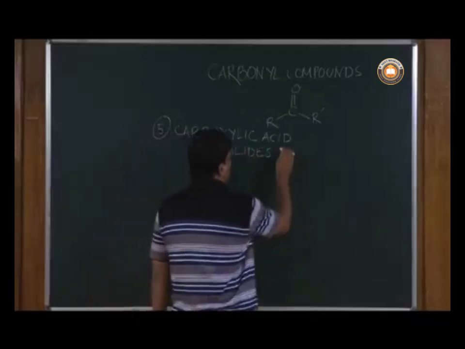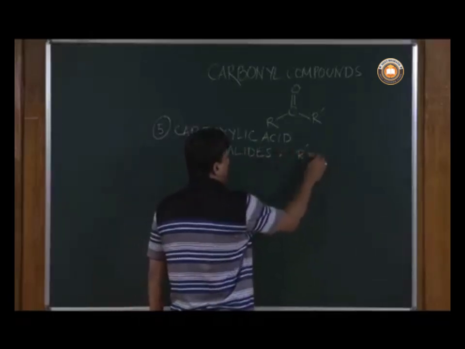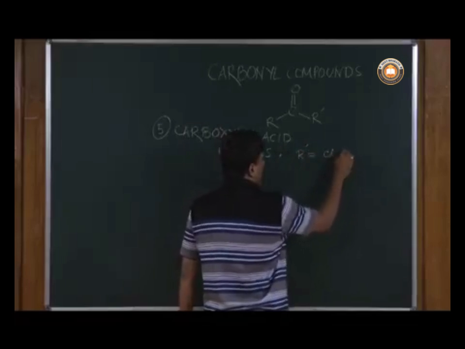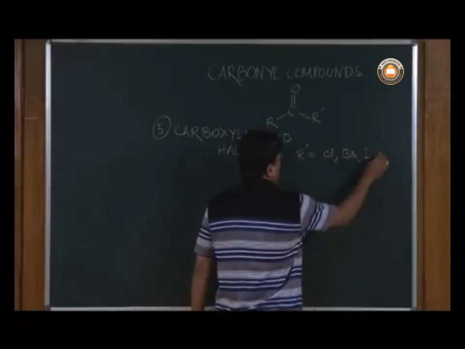In carboxylic acid halides, R dash will be chlorine, bromine, iodine, etc.